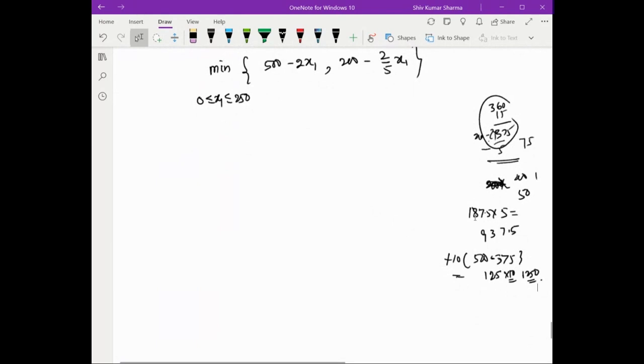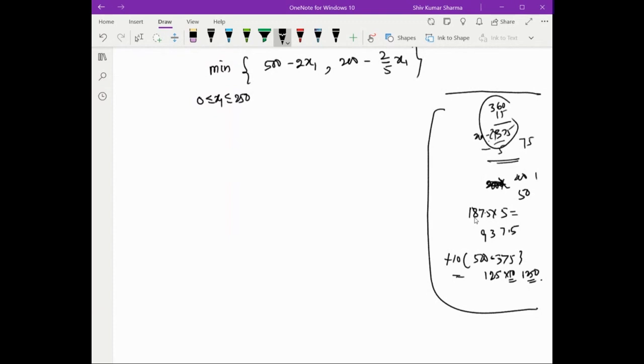So we check the values of x1 which give us the minimum.